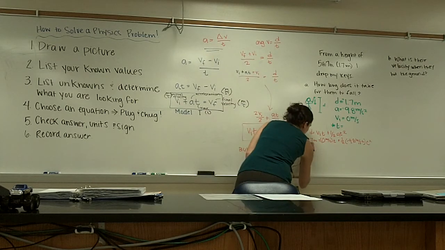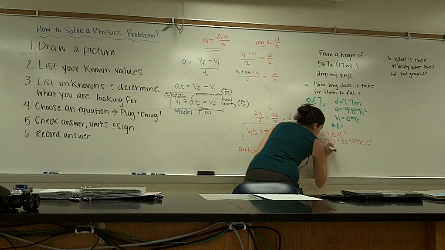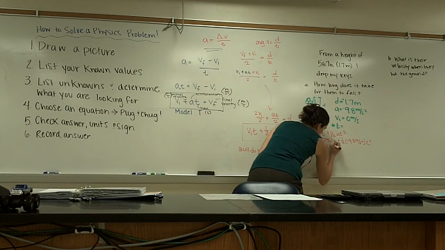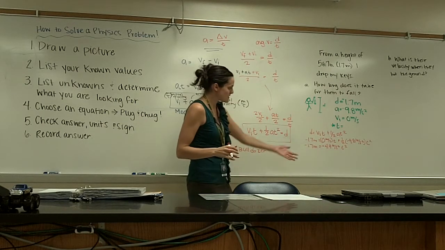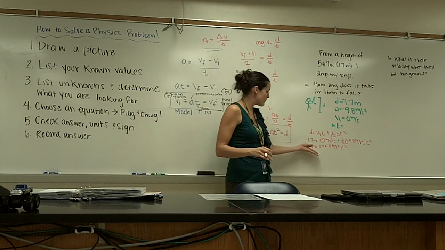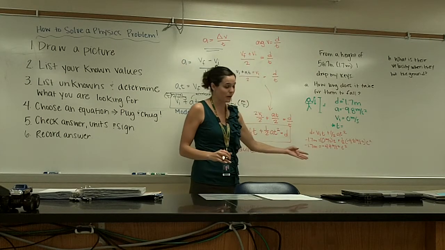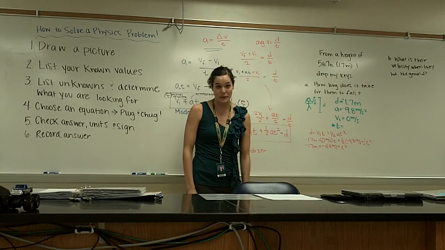I would be left with negative 1.7 meters equals negative 4.9 meters per second squared times time squared. Simply going to divide my negative 1.7 by negative 4.9 and take the square root.